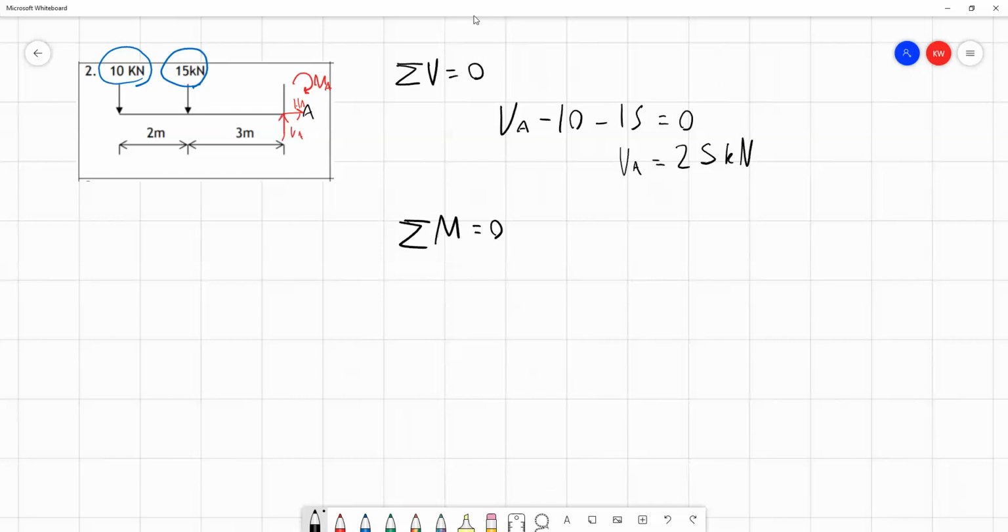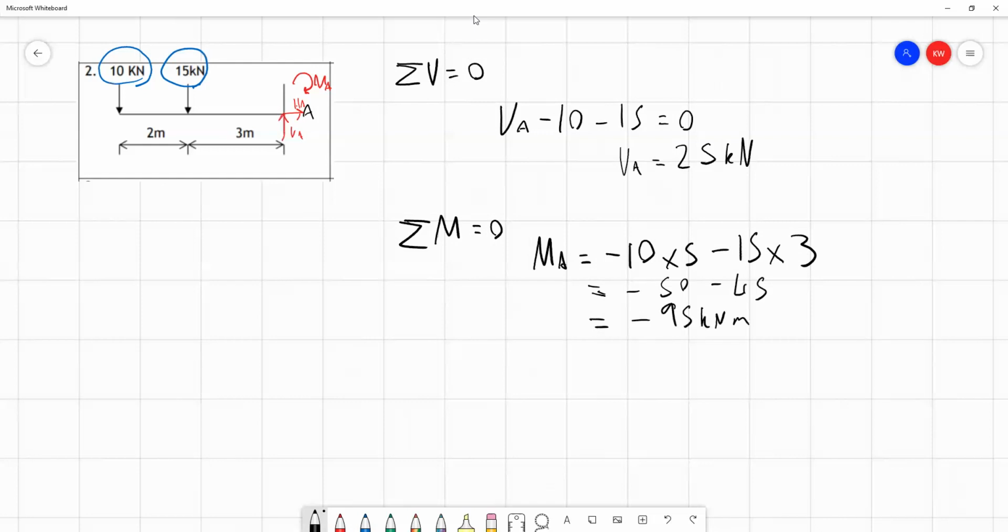If we look at what the bending moment is at point A, we look to the left, because everything here is to the left of A anyway, and we're going to have minus 10, because it's acting in the counterclockwise direction, times 5, that's 5 meters away from A, and minus 15 for the second point force multiplied by 3. That's going to give us minus 50 minus 45 for our bending moment at point A, a total of minus 95 kilonewton meters.